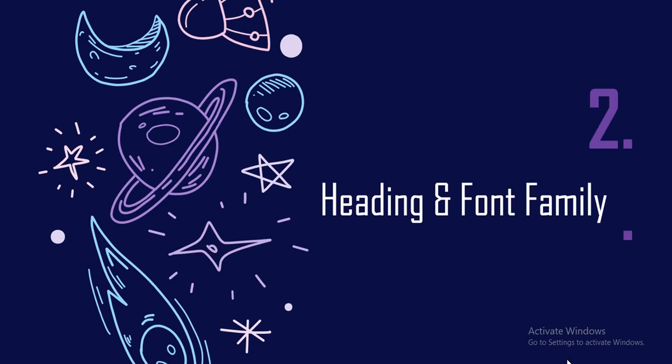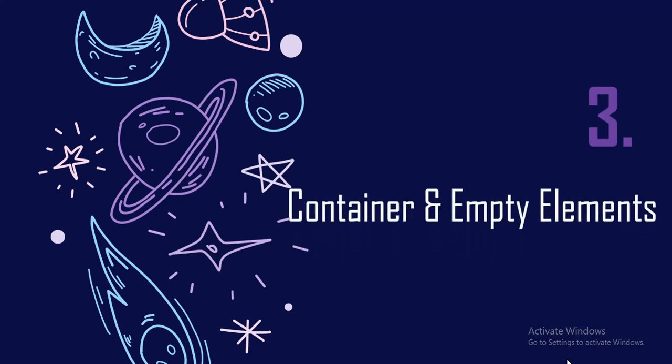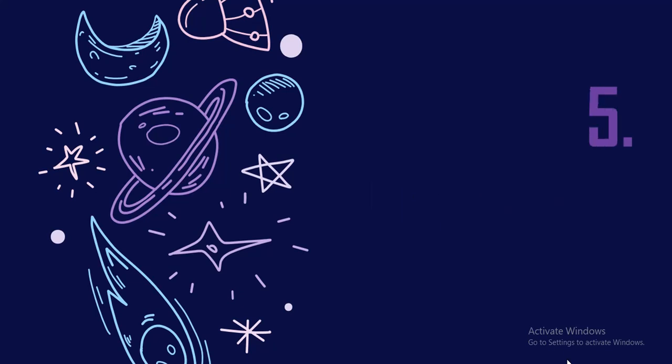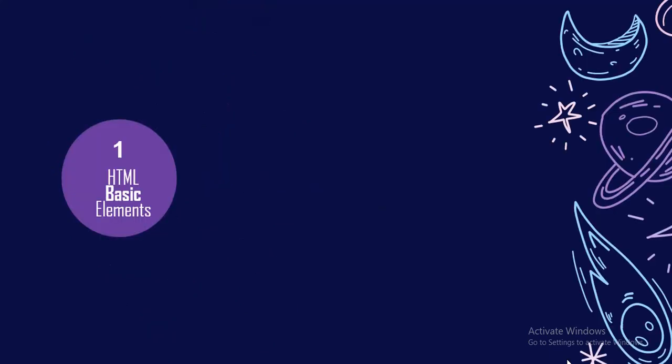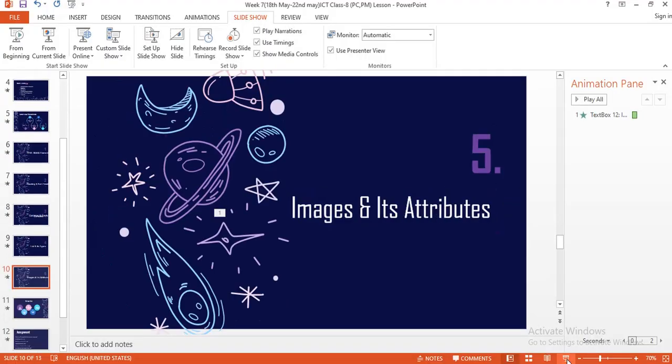Then I will use heading and font family when I am creating the web page, and I will use container and empty elements as well. Then I will use list and its types, and lastly I will show you how to insert an image and how you can change its attributes and use different attributes. So let's begin now.